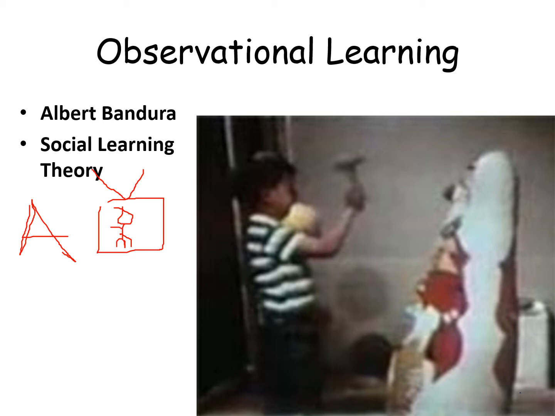Now, specifically, there were two types of groups. You had the experimental group and the control group. The experimental group watched a very specific video, and the video was of an adult who was attacking the Bobo doll. So this is a Bobo doll.